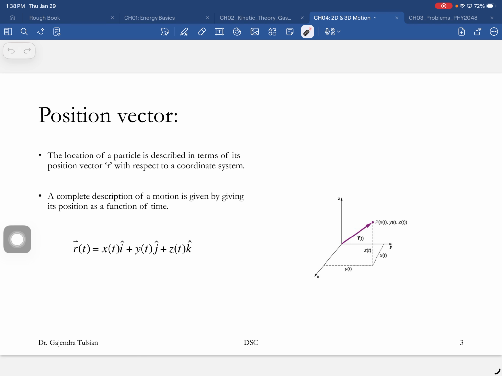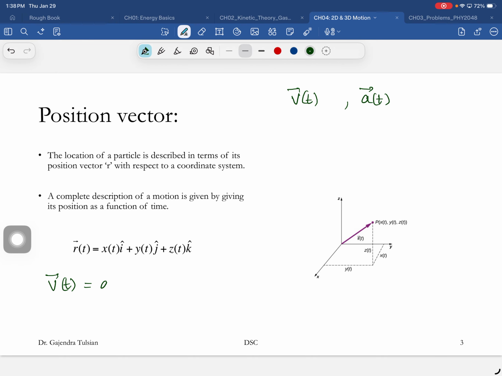Velocity, just like in the previous case, is the time derivative of your position. So it is d by dt of this: x(t) i plus y(t) j plus z(t) k.